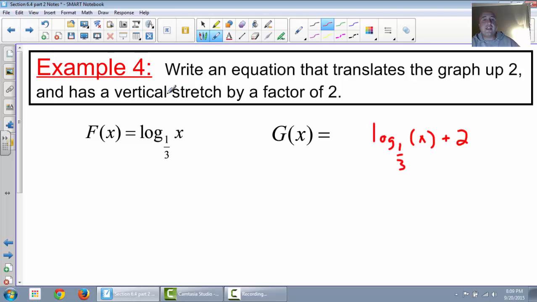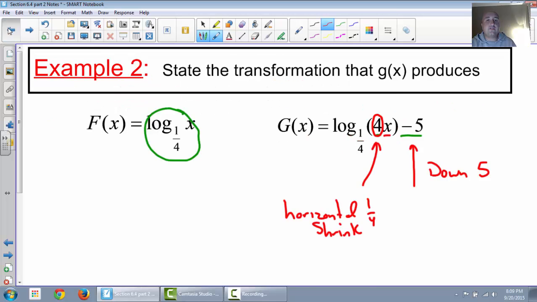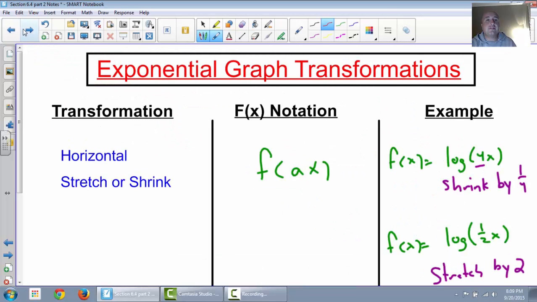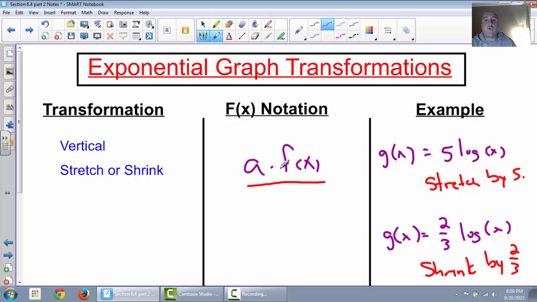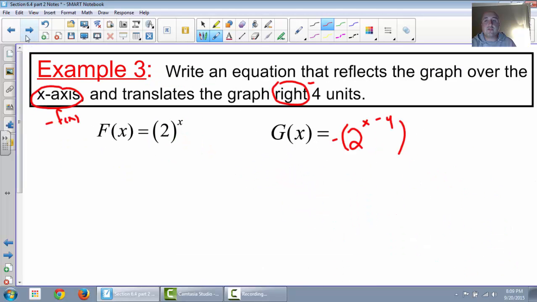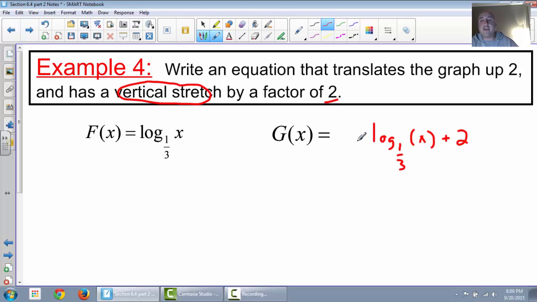And then it says we have a vertical stretch by a factor of 2. And if we go back to the vertical stretch page, we have to multiply our whole function by some number. And whatever that number is, that's the number that we use in the problem. So it says by a factor of 2. So I'm going to take the whole function and multiply it by 2.